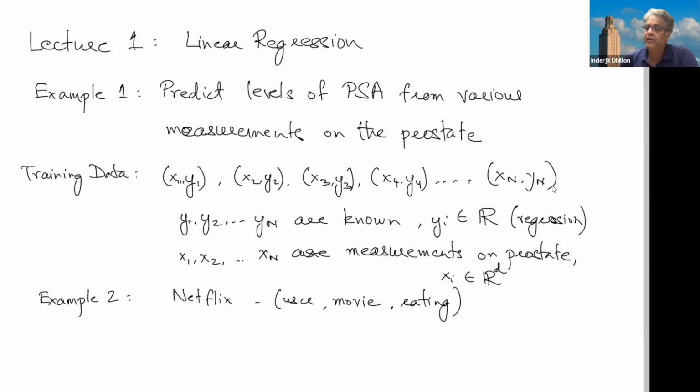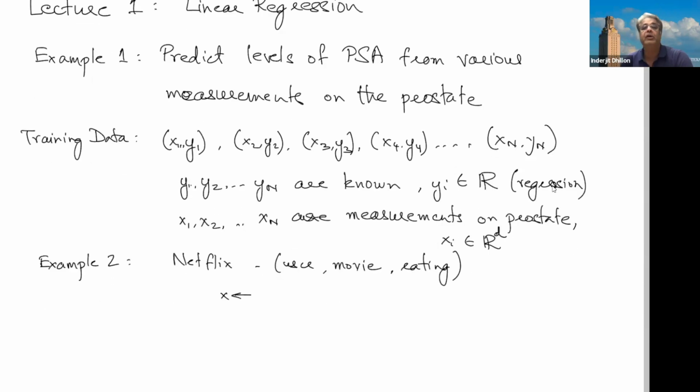For example, an X could be the user and movie features for this user and for this movie. And then the rating is the label, or the y.